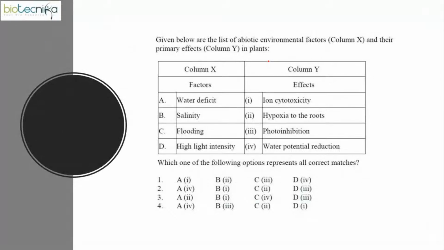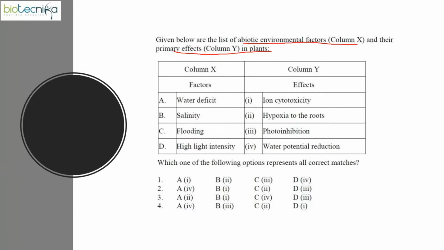Next. Yes, this is a question related to stress physiology. They are provided with some abiotic environmental factors in column X, and what their after effect in plants is. Identify the correct combination here. As I told you, stress physiology questions are very few or very rare. Sometimes you will get, sometimes you will not get.